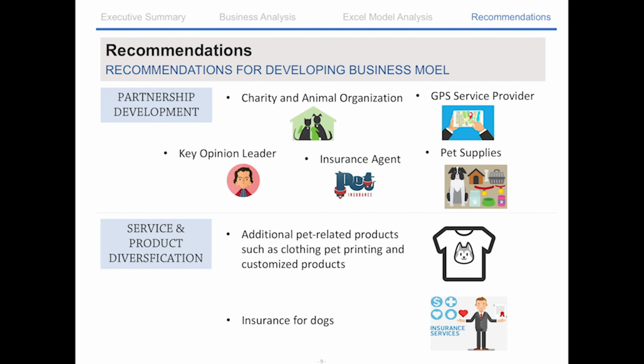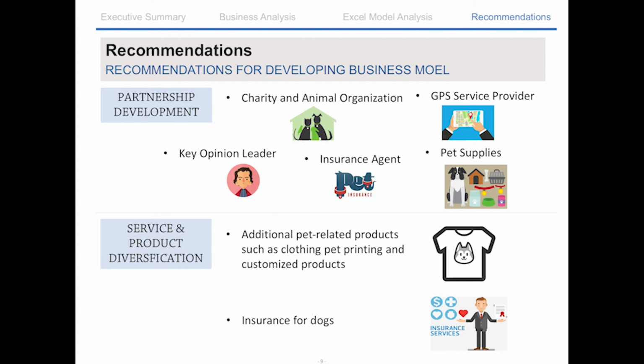First of all, as for partnership development, Dogpool is encouraged to develop new partnerships systematically with different people or organizations, such as key opinion leaders in the field of pet topics, charity and animal organizations, insurance agents, GPS service providers, and pet supplies. Subsequently, Dogpool is likely to increase its popularity and attract more customers.